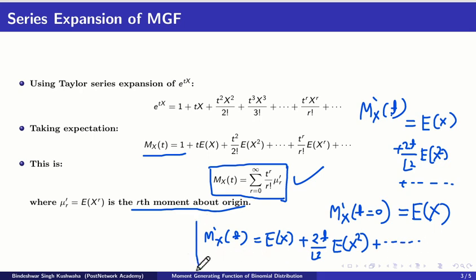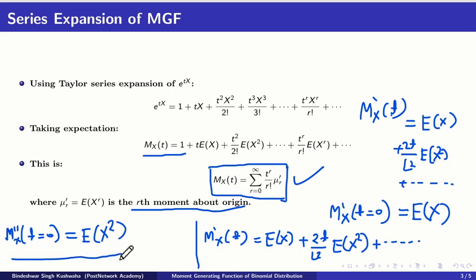If I differentiate the second time and put t equal to 0, the other terms contain t, so they become 0, and you will get E raised X square.